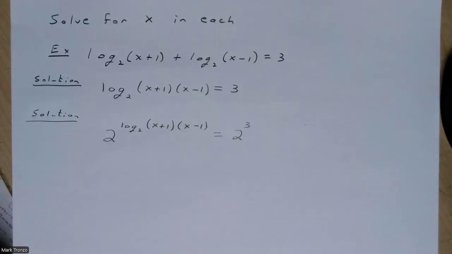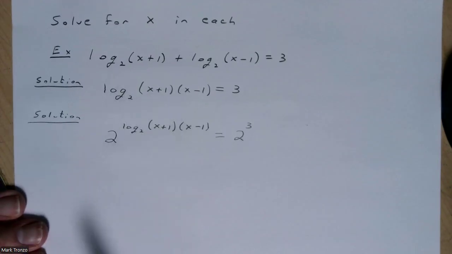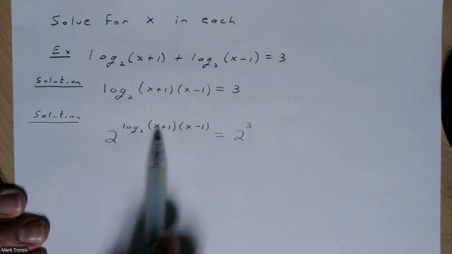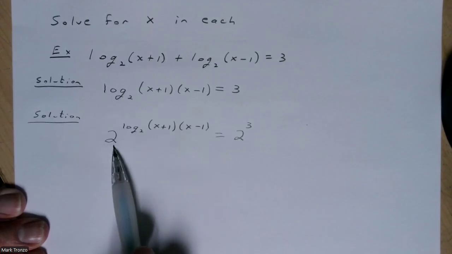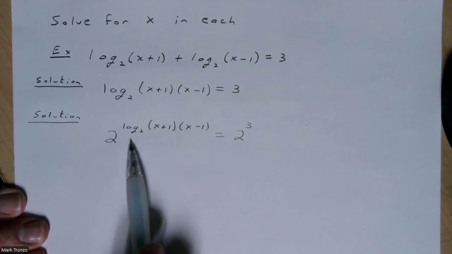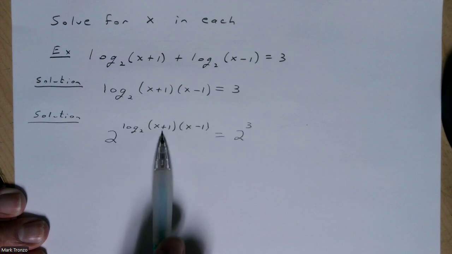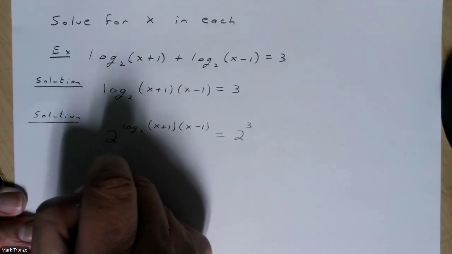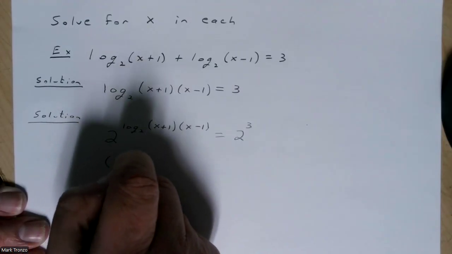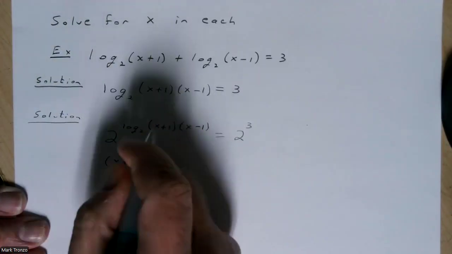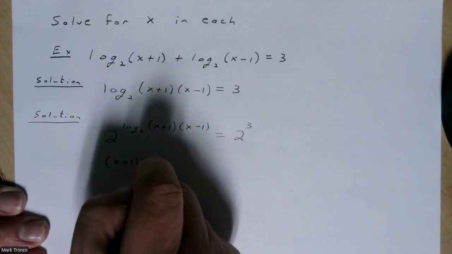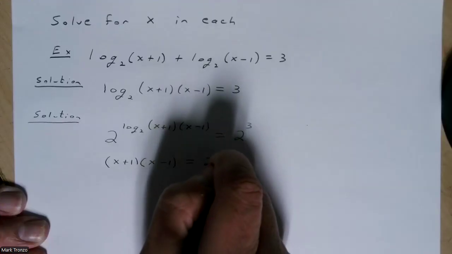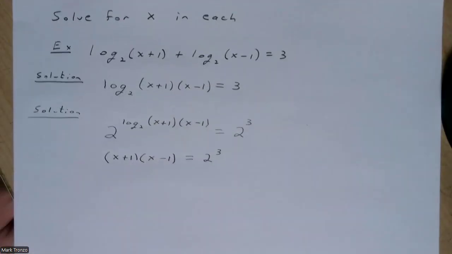Just like we were talking about before, if you have log base 2 of 2 to a power, those are inverse functions. Same thing here, 2 to the log base 2, these are inverse functions. So what you have left on the left-hand side will be x plus 1 times x minus 1 equals 2 cubed, like this.